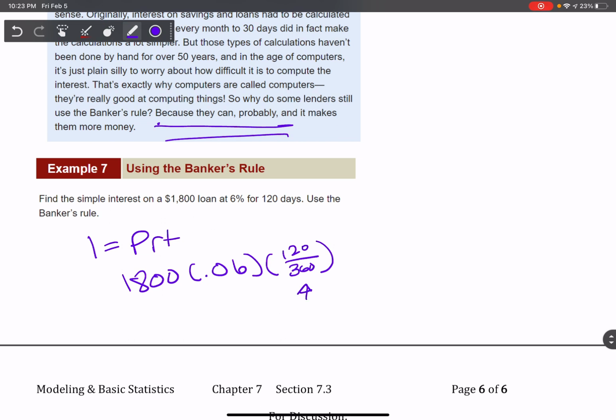I would personally change this to a decimal first. 120 divided by 360 should give you about 0.3, and then you can multiply that by 0.06, and then multiply that by 1,800, and you should get $36 as your interest.